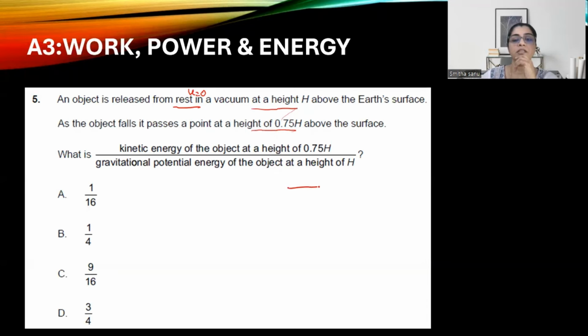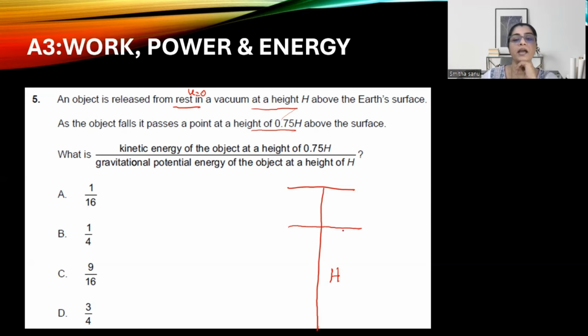So you can see in diagrammatic form that this is height h. It's falling from this height, and they want to know the kinetic energy, which is somewhere here, at 0.75 h. So how can you relate to what you already know?